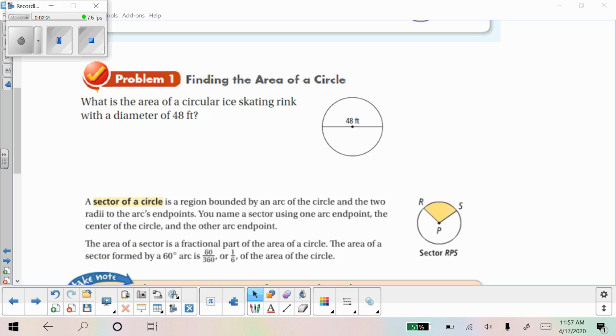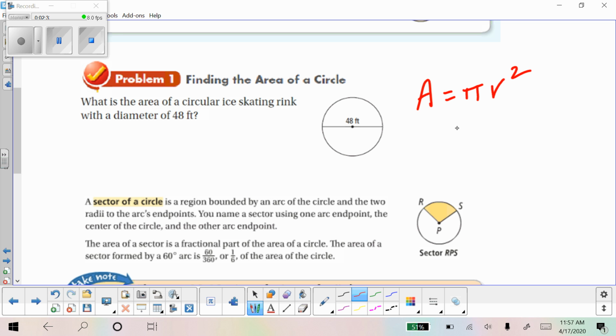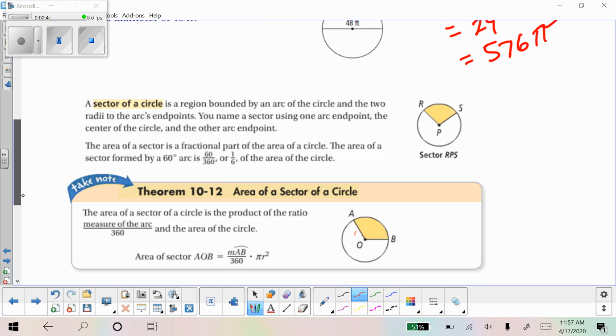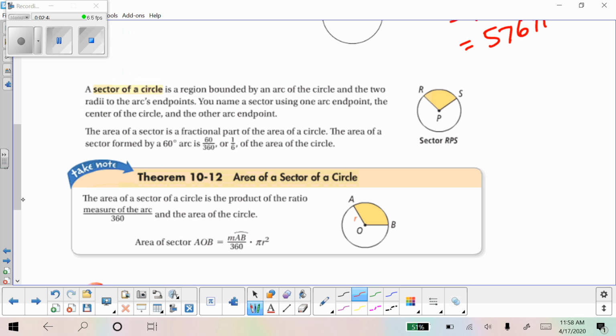The area is equal to pi r squared. Our radius in this case is 24, so we do 24 squared times pi, and that's 576 pi.